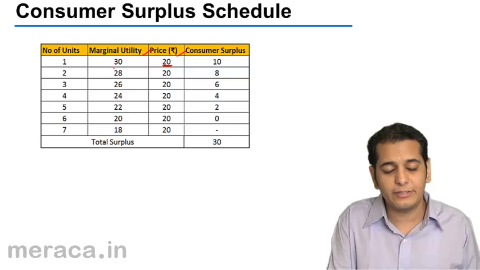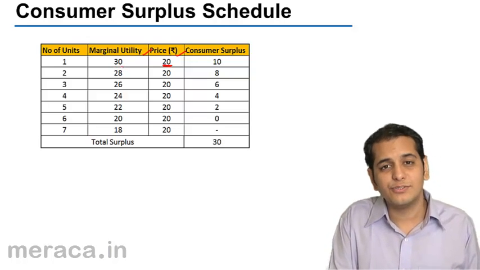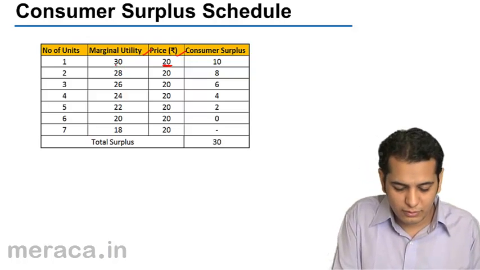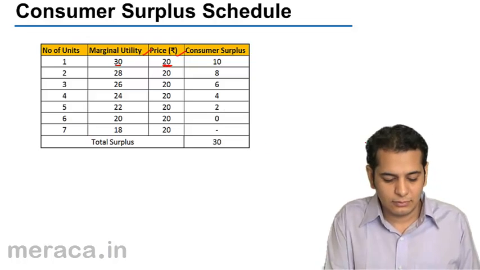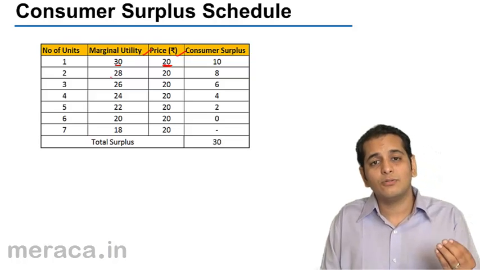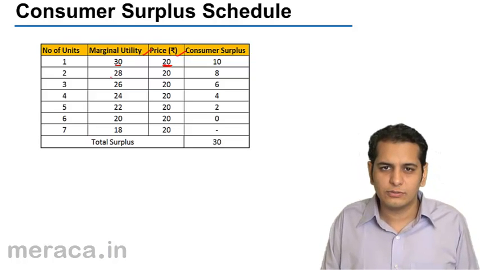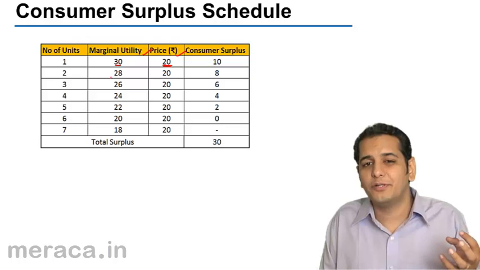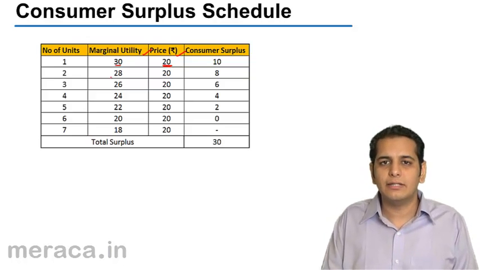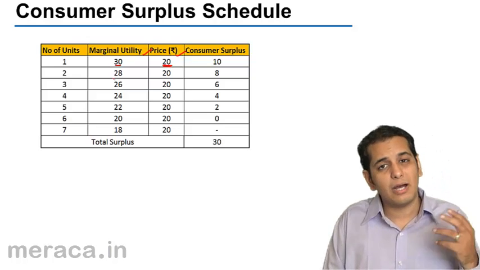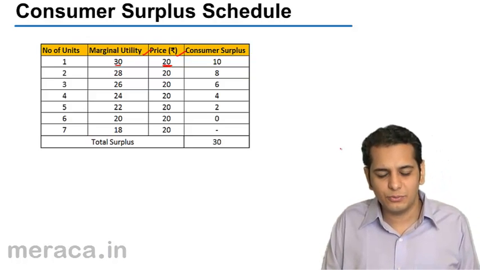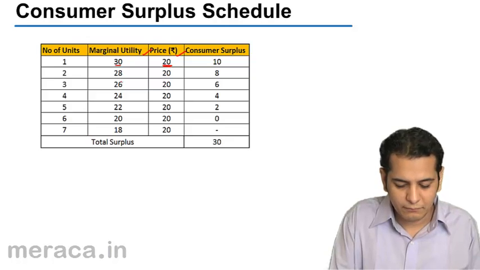Now at the first unit, as we've already discussed, the consumer derives a utility of 30 while he pays the price of 20. At the second unit, now the marginal utility falls because the law of diminishing marginal utility comes into play. So the marginal utility at the second unit is 28.